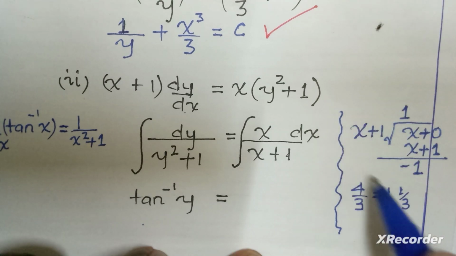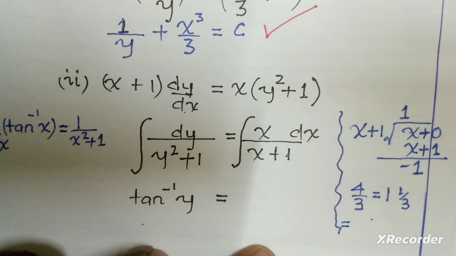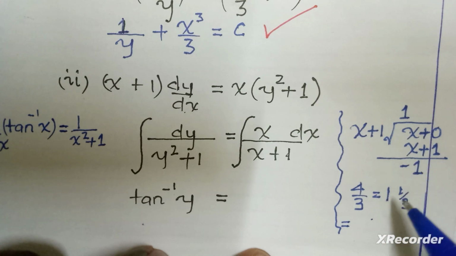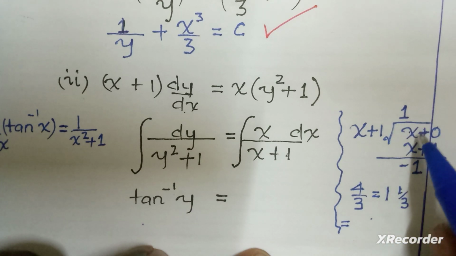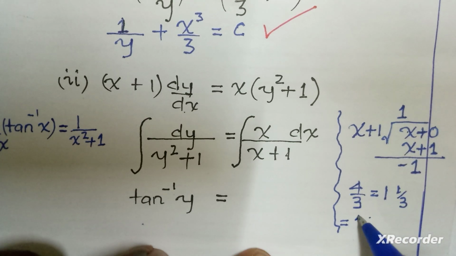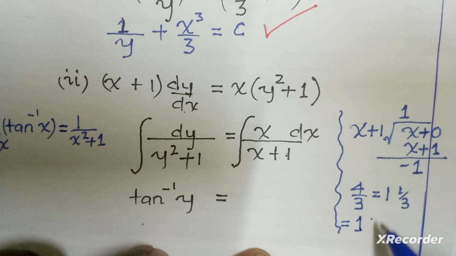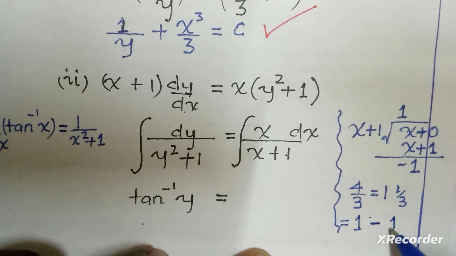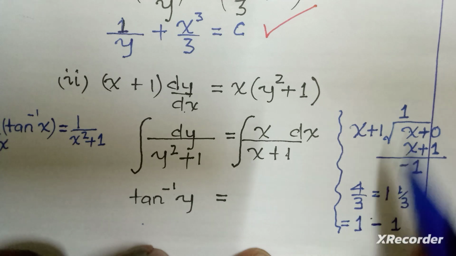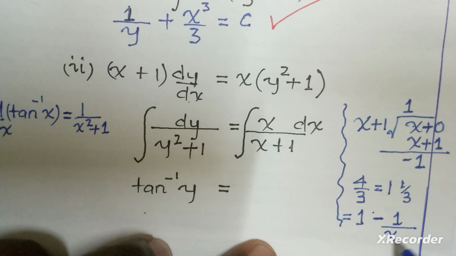So for this equation, it will be equal to 1, which is what you get when you divide this by that, with a remainder. The remainder, this 1, is the one here. So it will be minus 1 all over, our 3 for this is x plus 1, like that, guys.